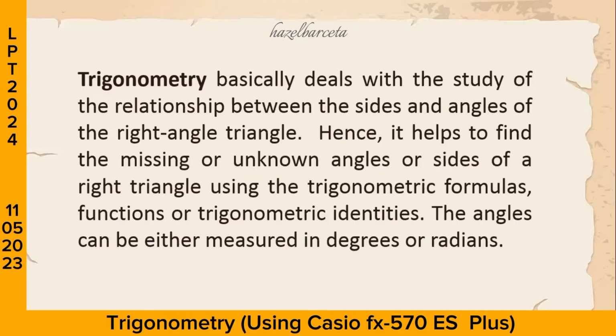So, here, degrees or radians depends po sa ating given problem. And yes, we will solve for the missing or unknown angles or sides ng ating triangle using our trigonometric formulas. But unfortunately, we will no longer deal with trigonometric identities as we will apply the calculator techniques. So this is all for the overview.